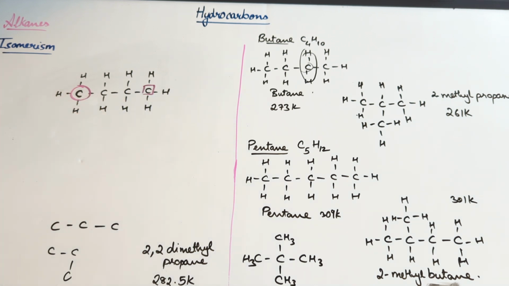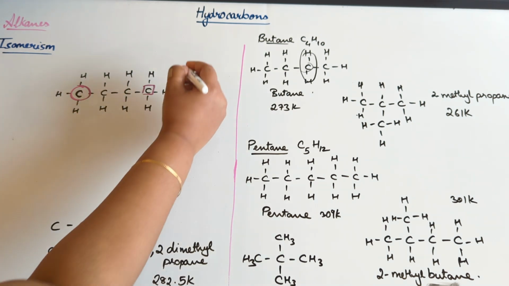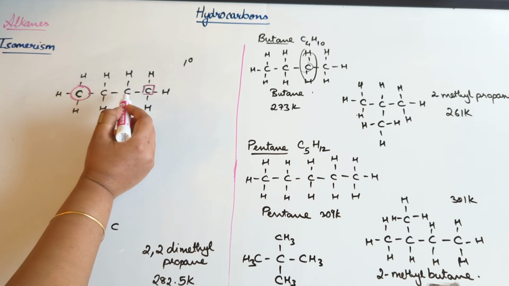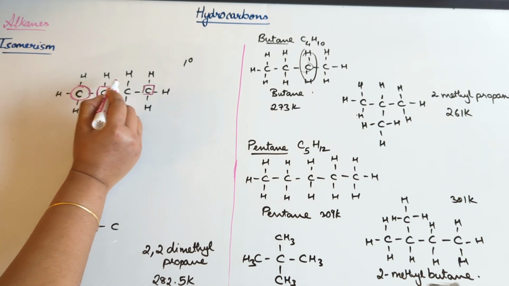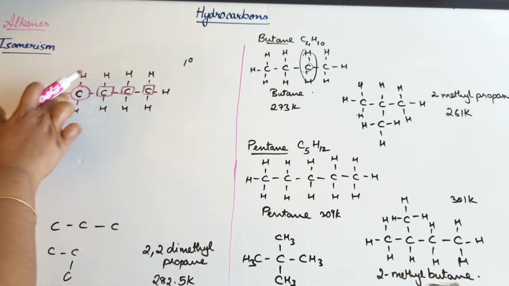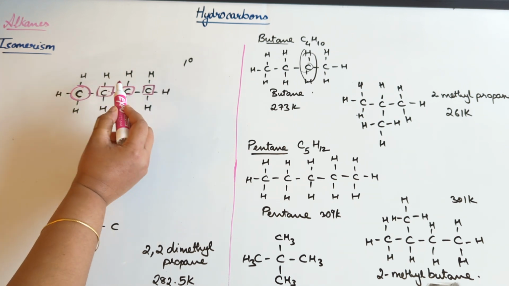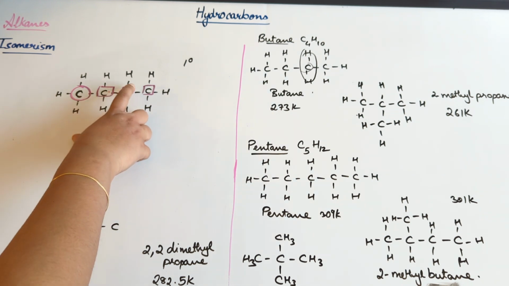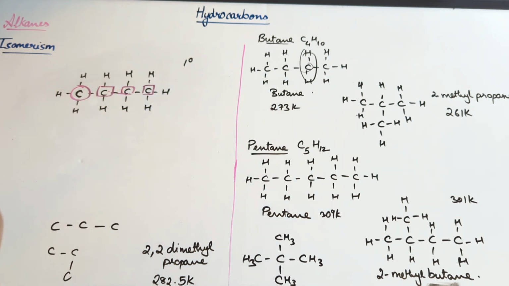So these atoms are called primary carbon atoms. On the other hand, these two, this as well as this, are bound to two carbon atoms. So you have 1 and 2 in case of this, and 1 and 2 in case of this carbon atom. So this carbon atom is called a secondary carbon atom.